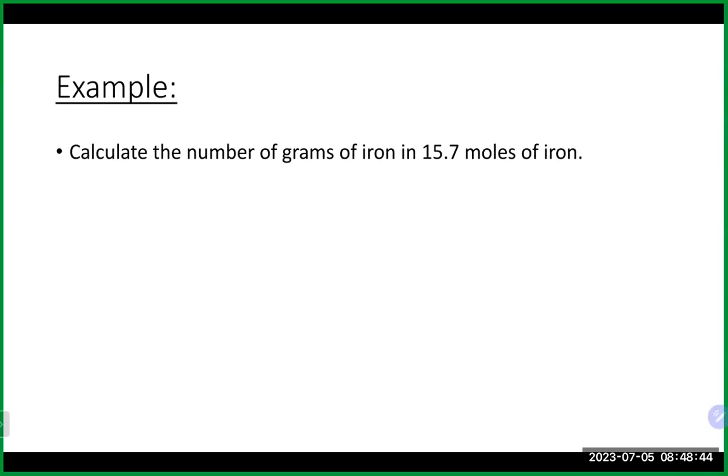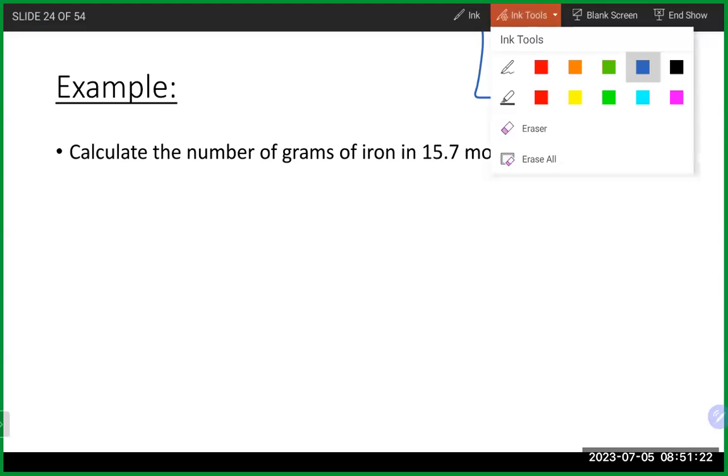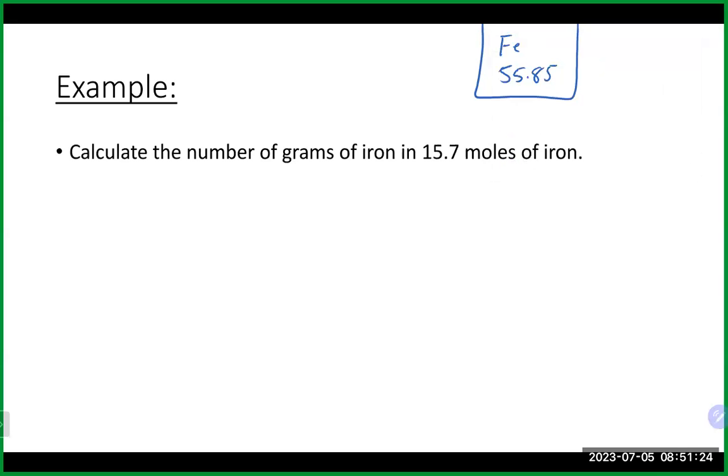Calculate the number of grams of iron in 15.7 moles of iron. Iron is 55.85 there on the periodic table, I believe. All right, let's take a look. So we want the number of grams of iron here in 15.7 moles.